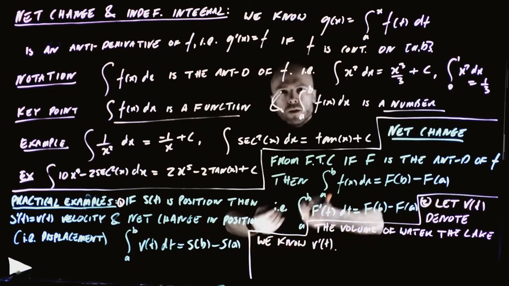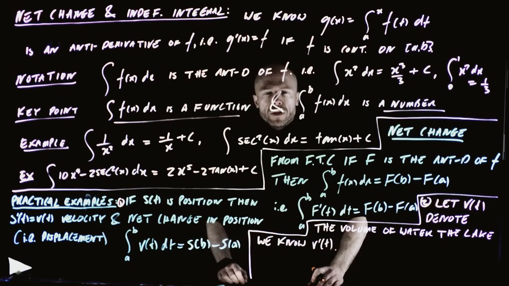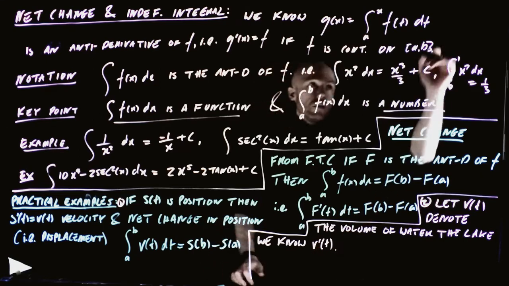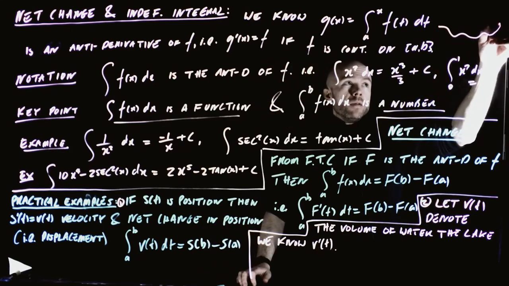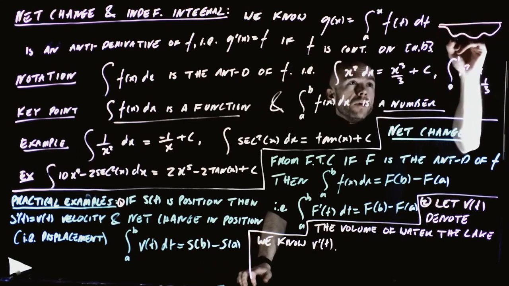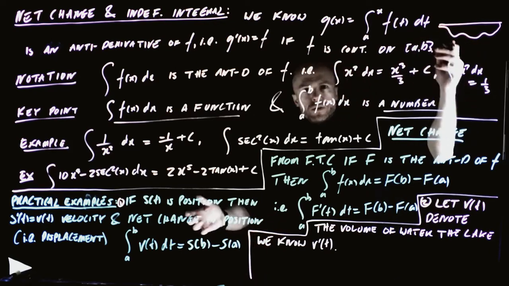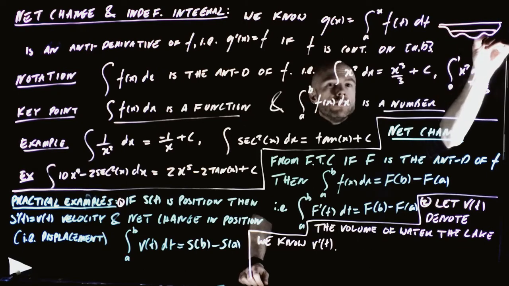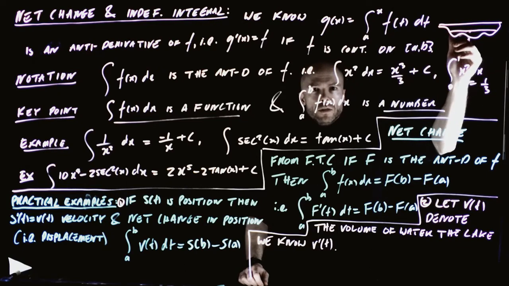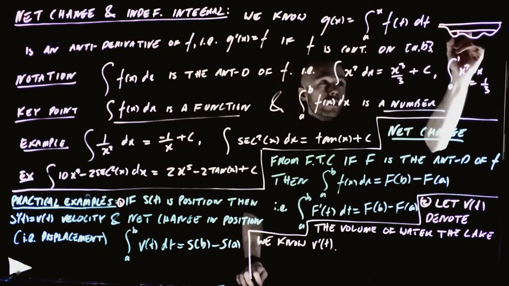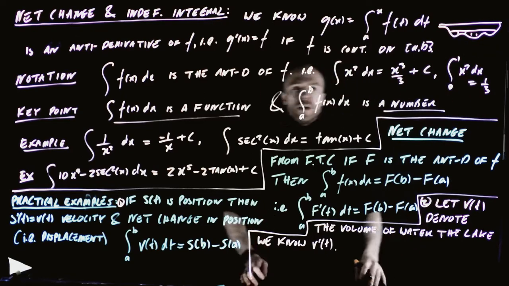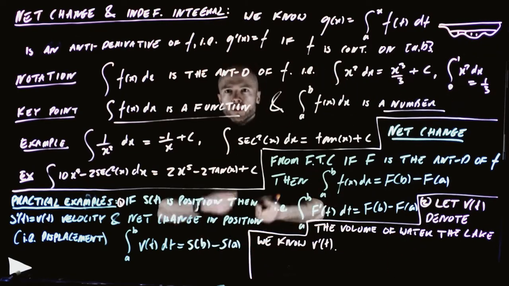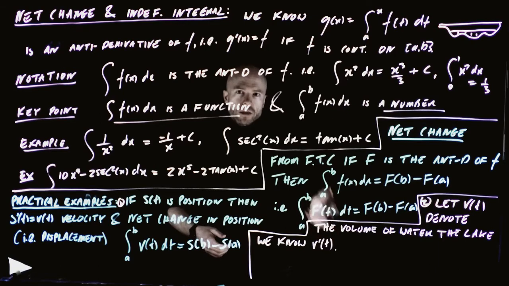Well, it's a very hard job to actually try and estimate that, because the reservoir could be like whatever weird shape, and maybe one time there was some guys with some X-ray technology to find out the total volume, but if the water is at this level, then that's a much harder job, to find out how much water there is when there is this amount. But you can use the information that you do have, which is this V prime of t, yeah?